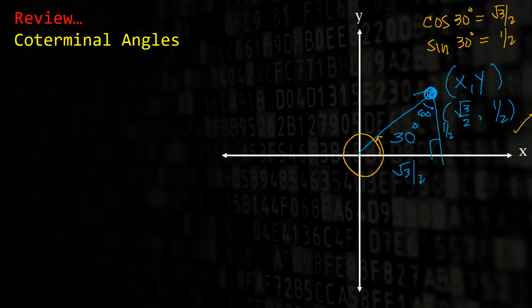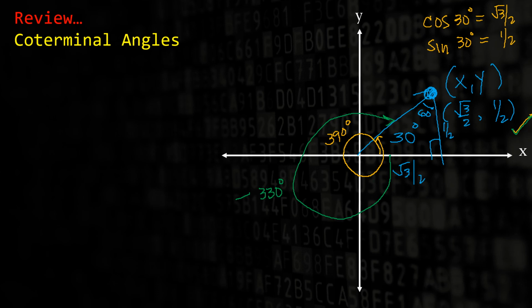Also, if you move clockwise and stop here, it will give us the same coordinates. The measure of the angle that moves clockwise is negative 330 degrees. However, the measure of the angle that moves here in orange is 390 degrees.